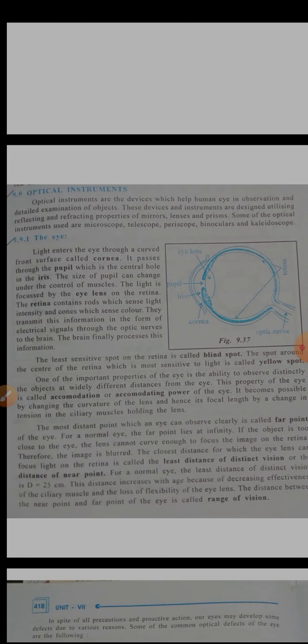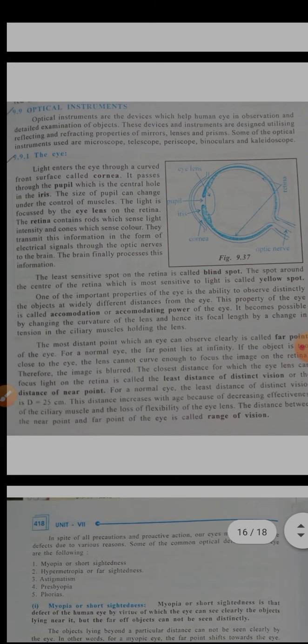We have so many optical instruments. These optical instruments are devices which help the human eye in observation and detailed examination of objects. These devices are designed utilizing the reflecting and refracting properties of mirrors, lenses and prisms.